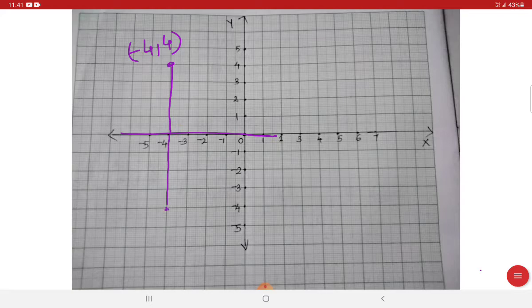This is the mirror image of the point A (-4, 4) about the x-axis, that is (-4, -4). Now about the y-axis, it is here, that is (4, 4). Clear?